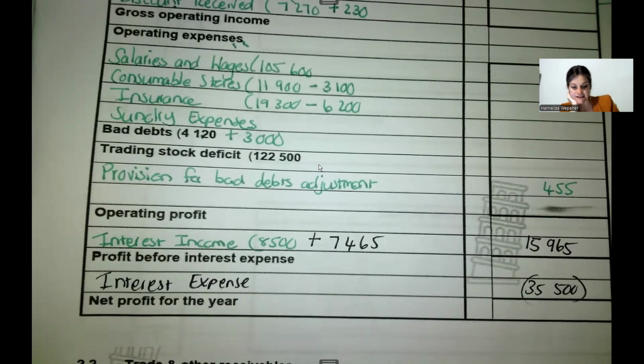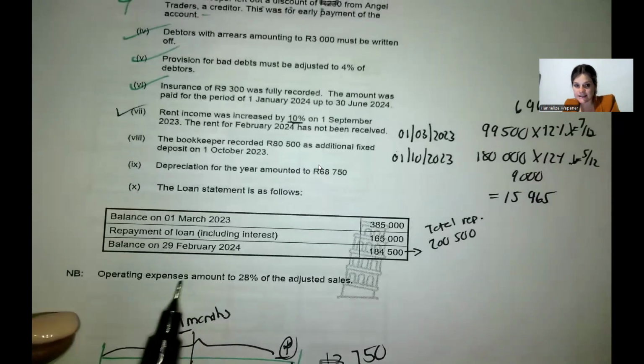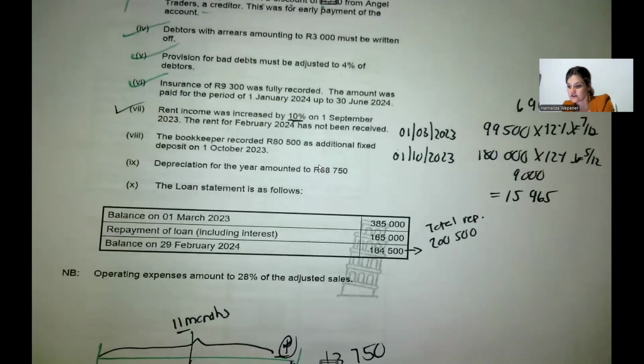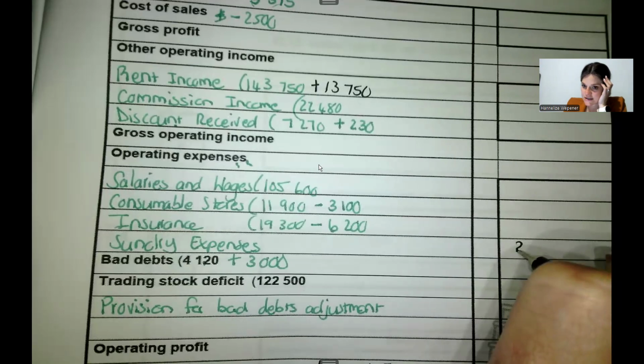And then the last one says, please note, operating expenses amount to 28% of the adjusted sales. So in other words, remember there was a question mark with your sundry expenses.